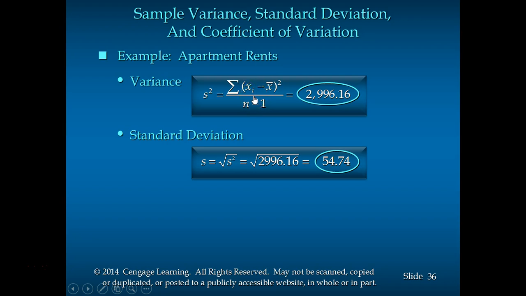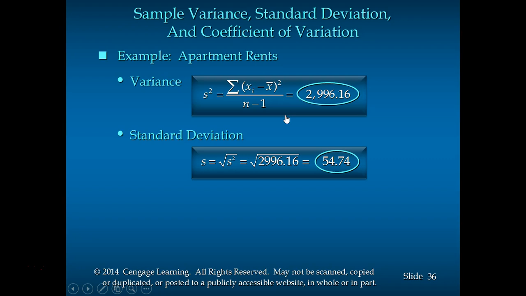Sometimes it will be a little bit higher, and sometimes a little bit lower, depending on the sample of 70 that you took. Sometimes you might take a sample that's a little more spread out, sometimes a little less spread out. But this is called an unbiased estimator.